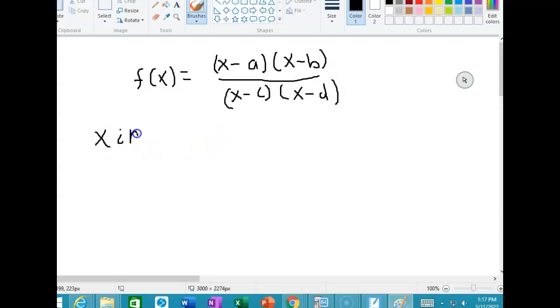Like you have an x-intercept here where the x-intercepts occur at a, 0, and then the other x-intercept occurs at b, 0.